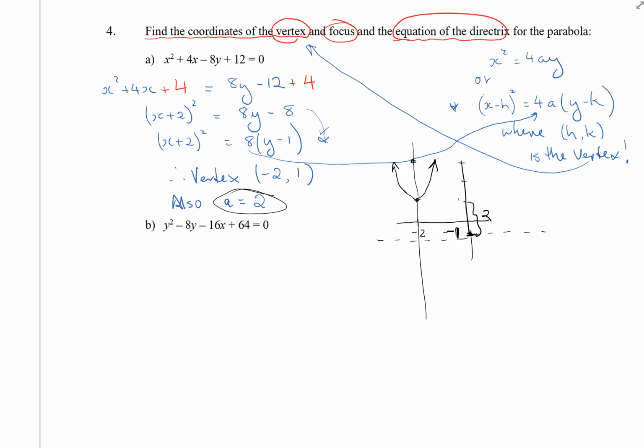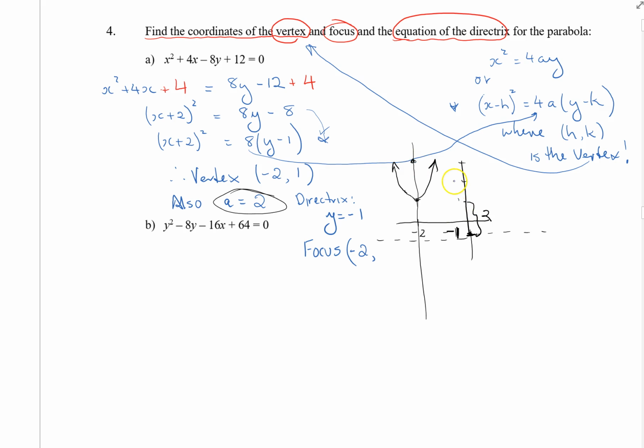So now I could say the directrix would have equation y = −1, and the focus is, well, I give my x value first, and I can see that the focus is going to occur down here at x = −2, and the focal length was 2 units.